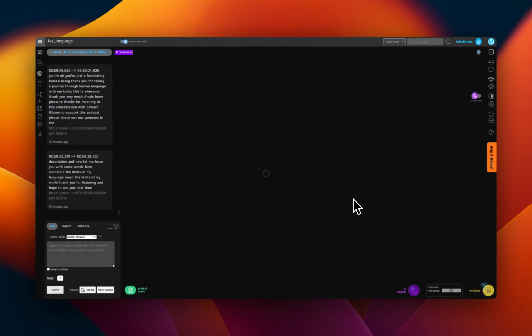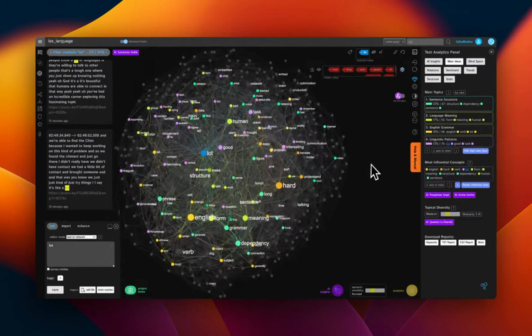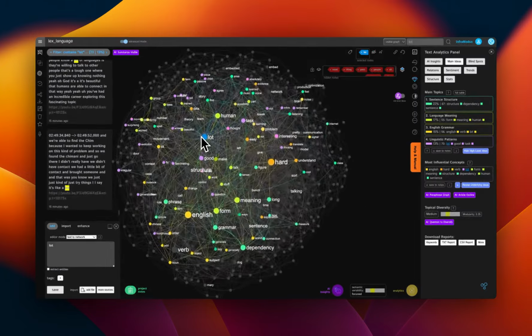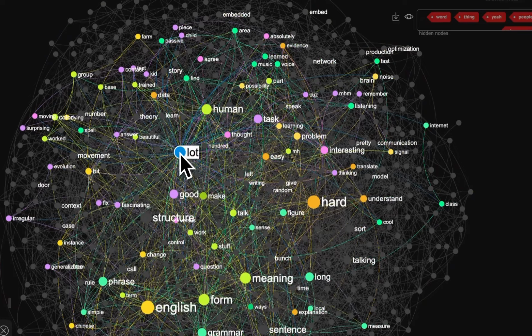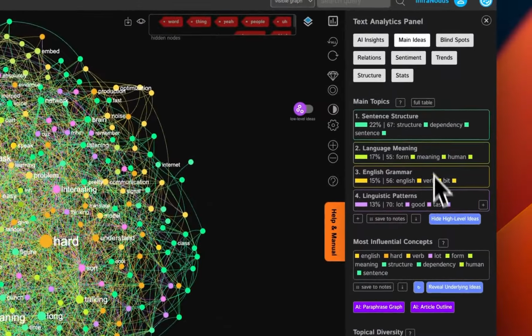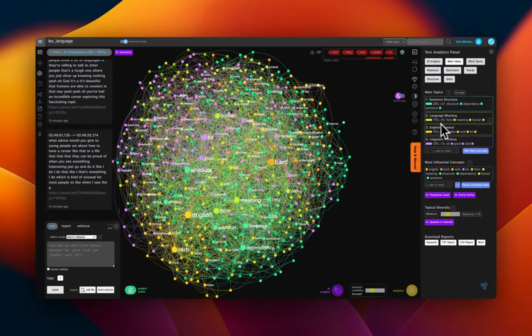It'll probably change everything, including some of the structuring of the high-level ideas. Okay, so "lot" is still picked up as a big one, but the graph structure overall definitely did change the main topics when we switched from degrees of connection to highest betweenness centrality. It changed some of the clustering.